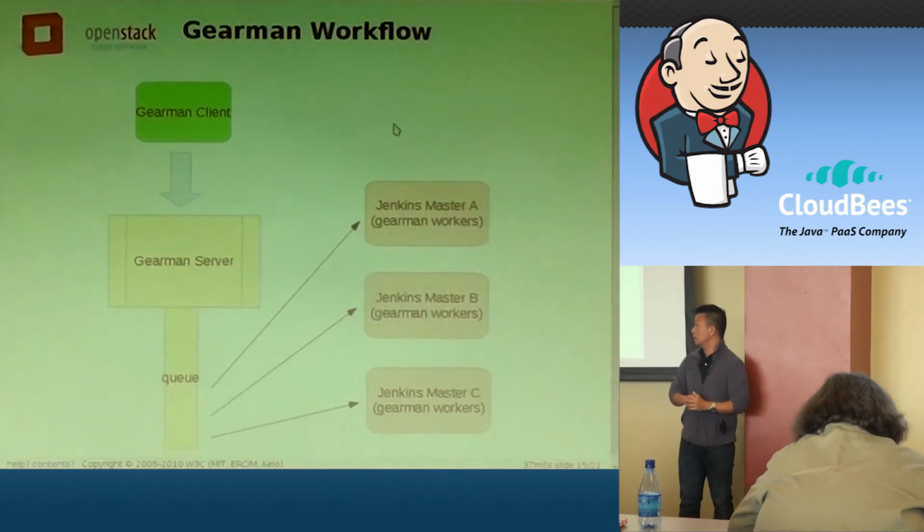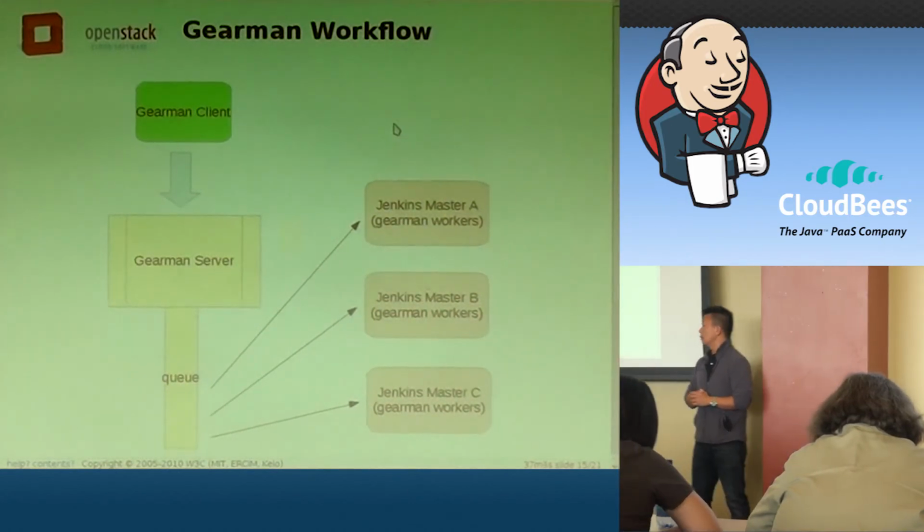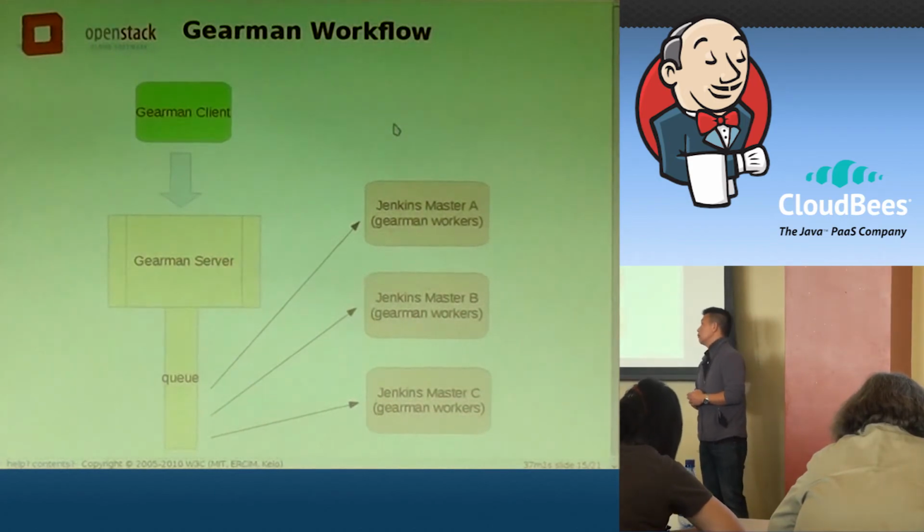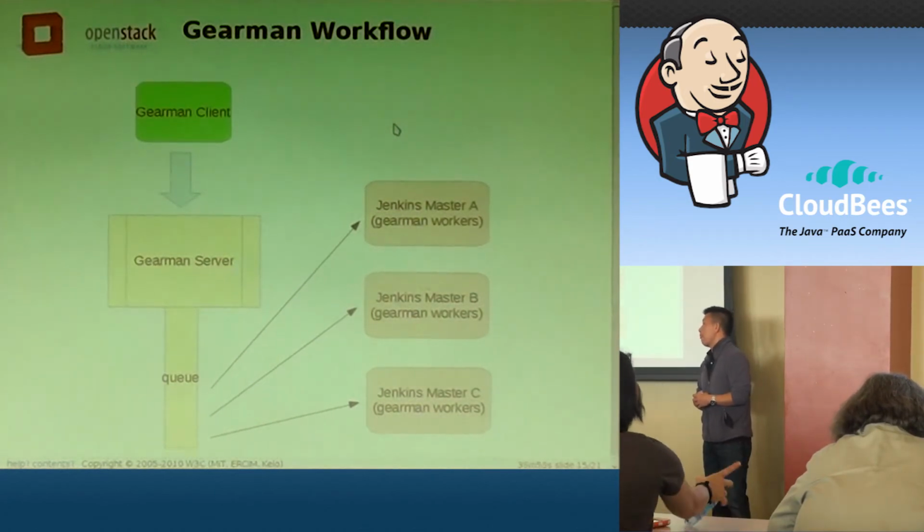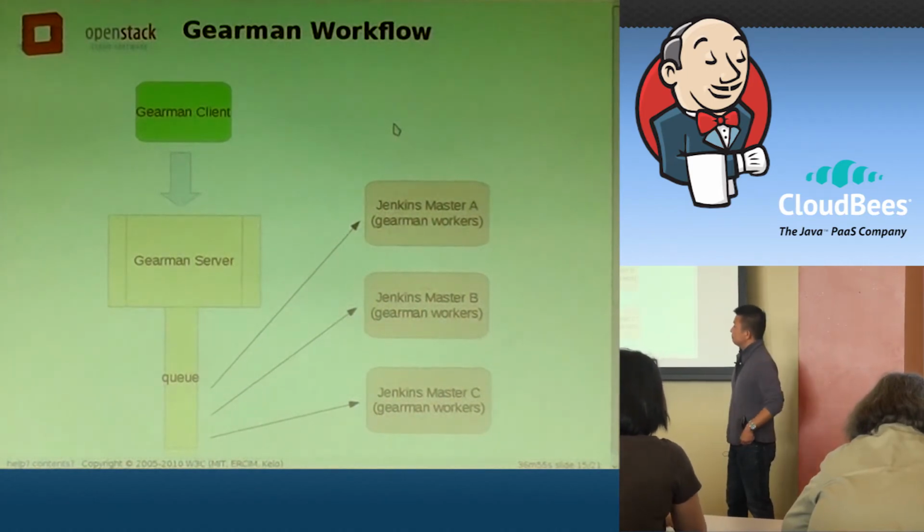Now you have multiple Jenkins masters. How are the jobs synchronized between them? The same job will run at some point at A, at some point at B, at some point at C. So how do you synchronize the job between these three masters? I think they're just independent.